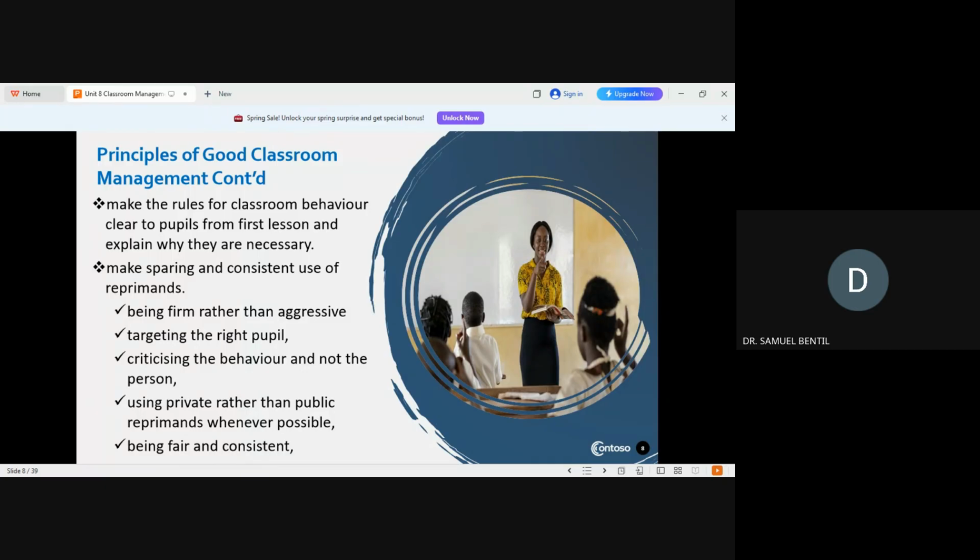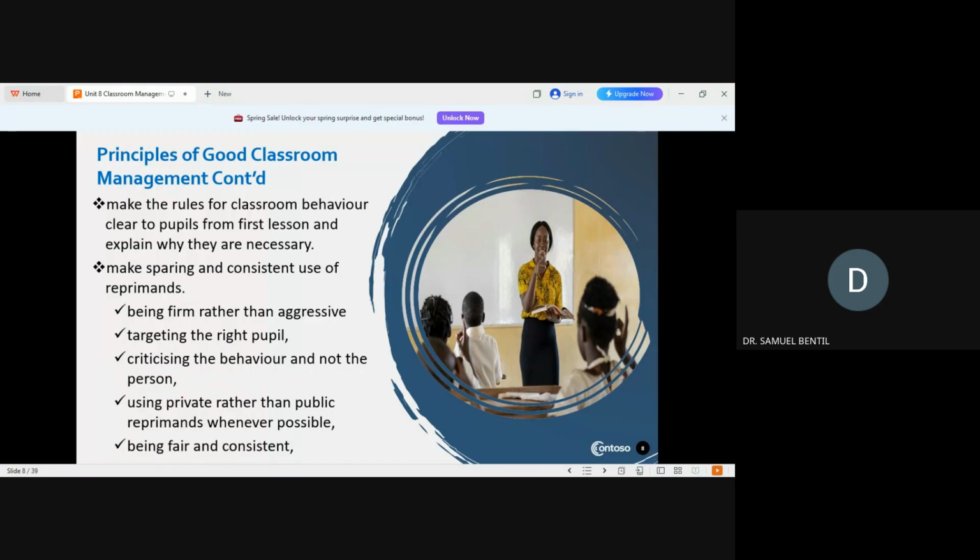We are saying that being firm rather than being aggressive, which I've talked about. You target the right people and deal with them. And this is one thing I want to stress: criticizing the behavior and not the person. Criticizing the behavior and not the person. Some of you teachers, when a student does something bad, for example, we say you should stop talking, and you're still talking.